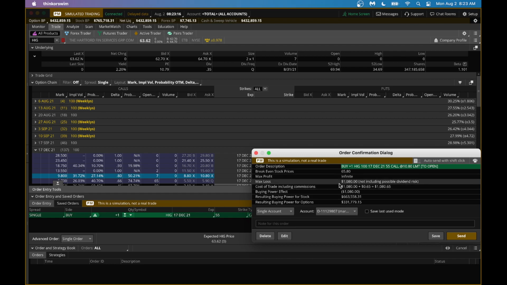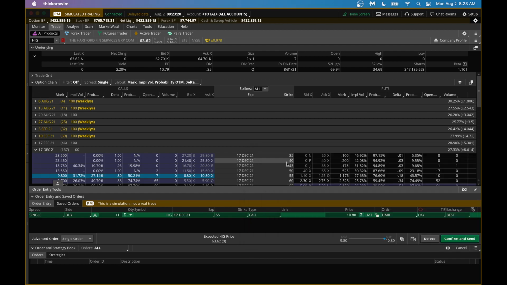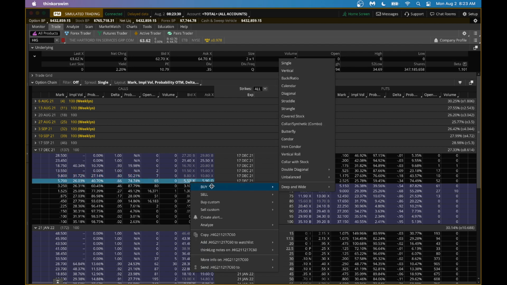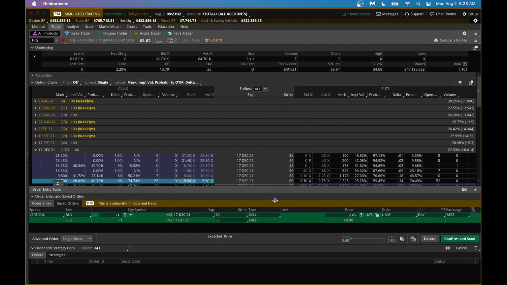So you have to pay 1080 for this, but if you want to play the spread game, you could do that too. Right now the stock is at 63.82. You could probably go 60-70 spread here. If you do that, you could go here, 60-70, right there. So you're paying 418.